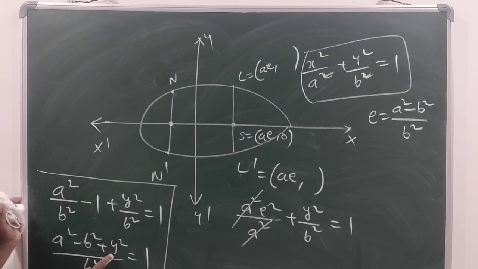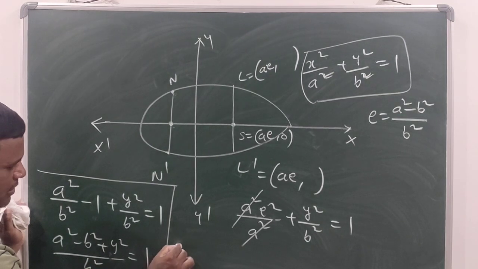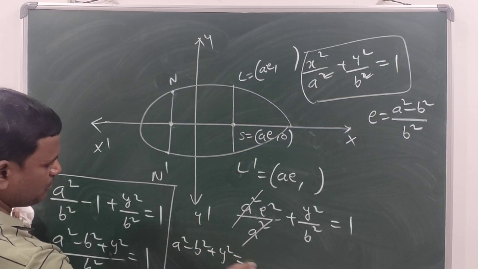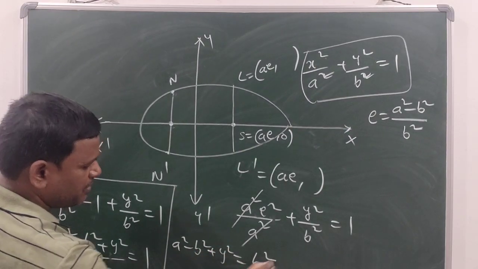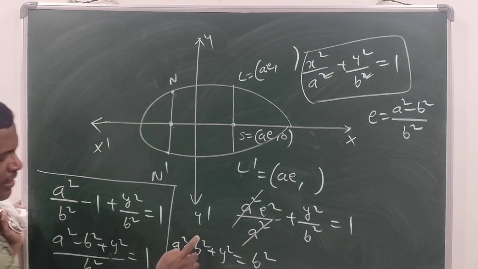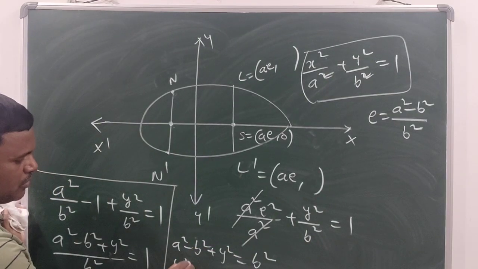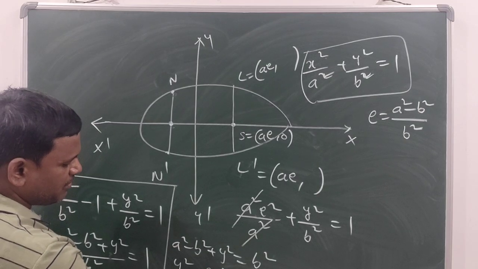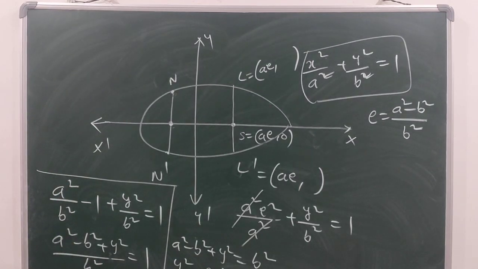Now simplify here. What do we get? So here a square minus b square plus y square, which is equal to b square. When it goes to the right side, y square is equal to 2b square minus a square we are getting.